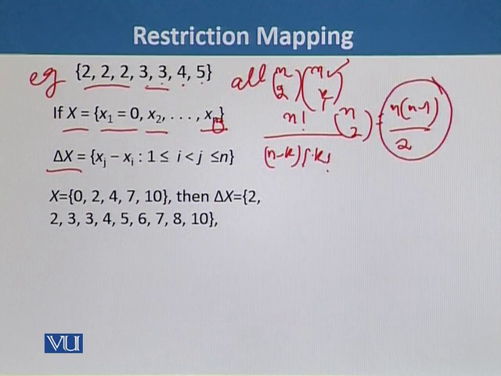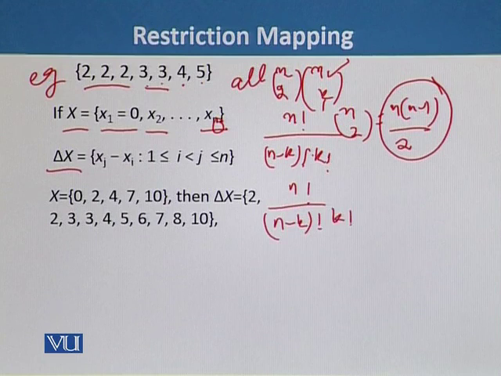So we can calculate this n times n minus 1 by 2. For example, we have n factorial divided by n minus k factorial times k factorial. Then we can calculate n factorial divided by n minus 2 factorial times 2 factorial, because here the value of k is 2.